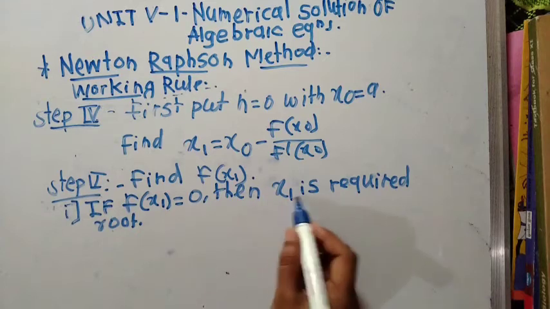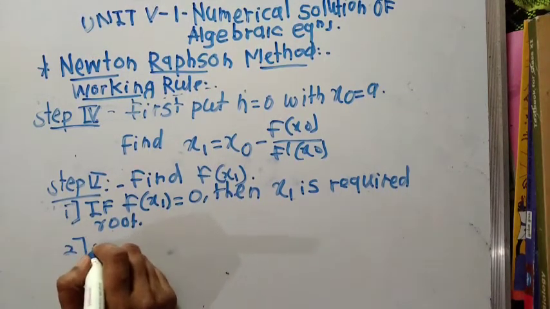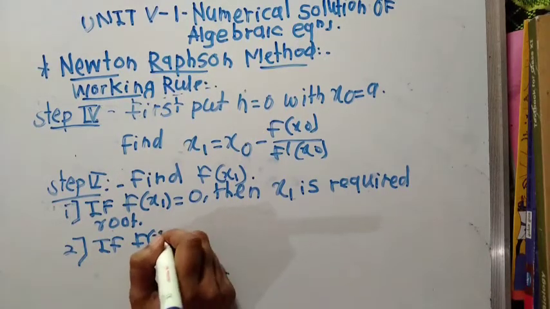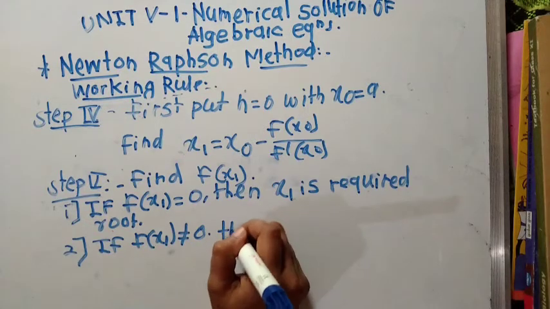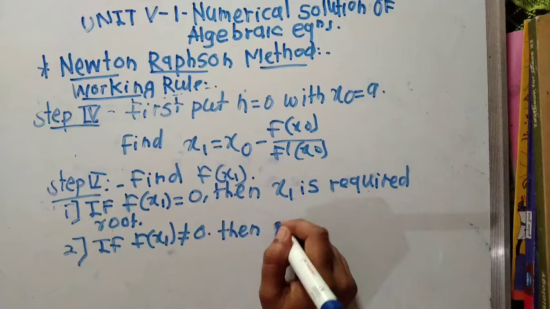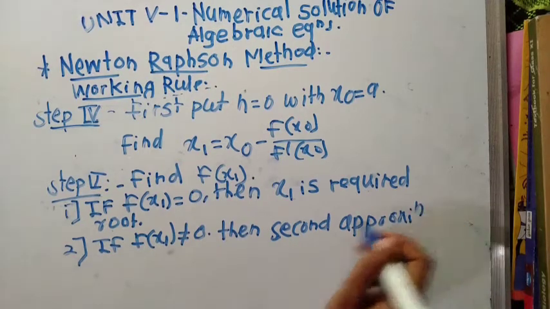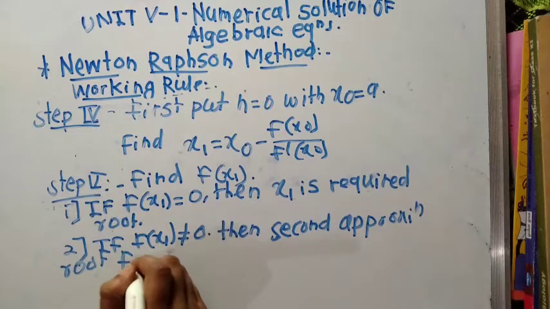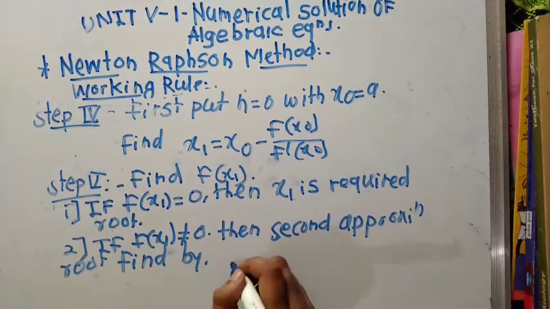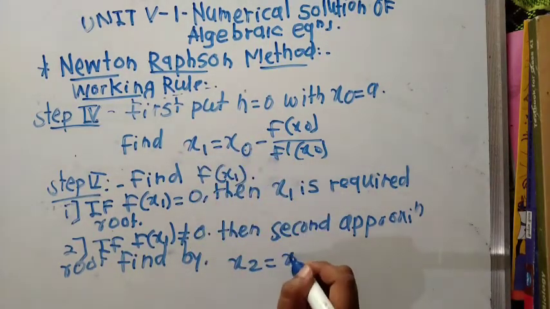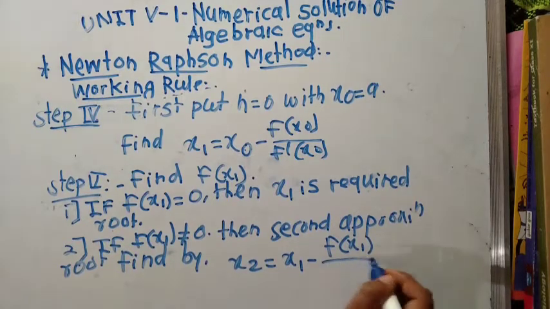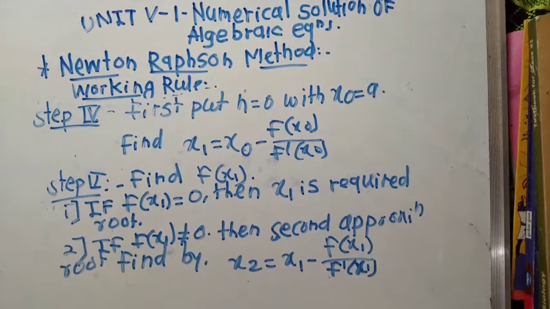Second, if f of x1 is not equal to 0, then the second approximate root is found by the formula x2 is equal to x1 minus f of x1 divided by f dash of x1.